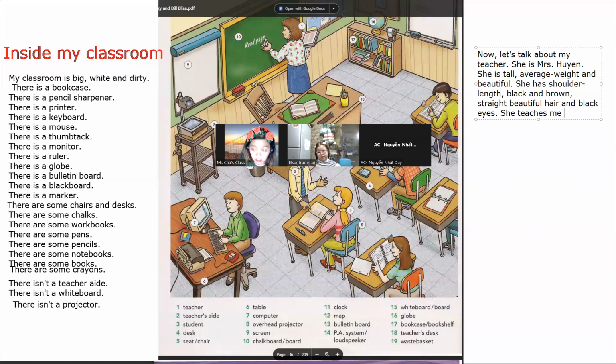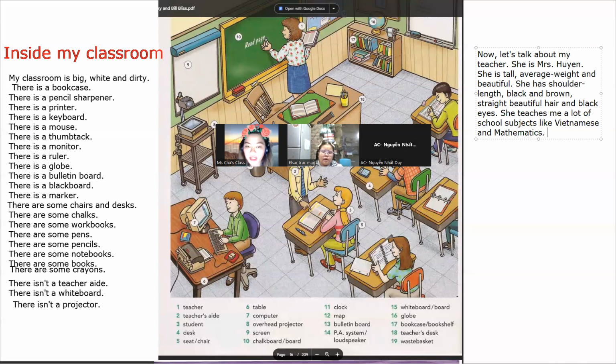She teaches me a lot of school subjects like Vietnamese and mathematics. All right, so only two subjects. How about English? No English. All right.